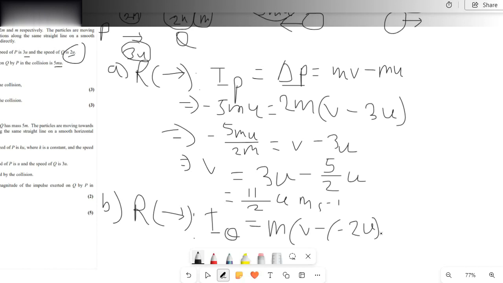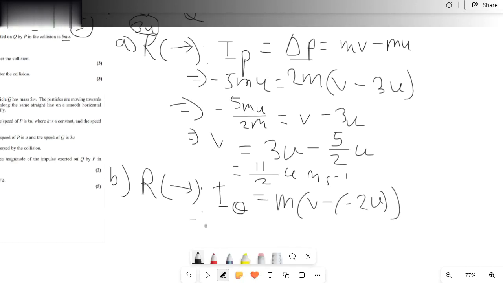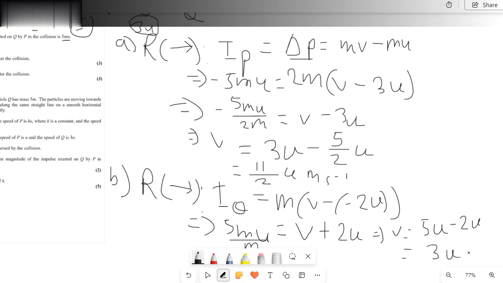So we have minus 2u. As we know, the impulse is 5mu because we're resolving to the right, and the whole thing is divided by m, so we get v plus 2u. Finally, we have v is equal to 5u minus 2u, and the answer is 3u.